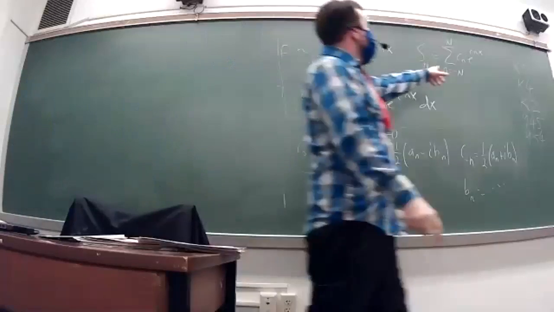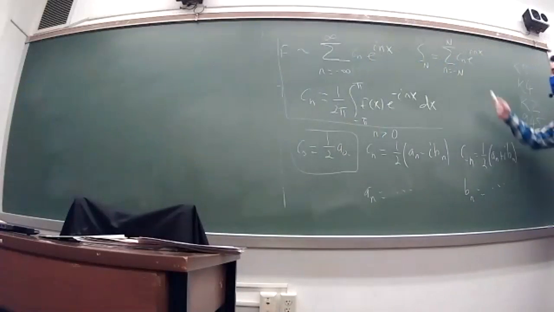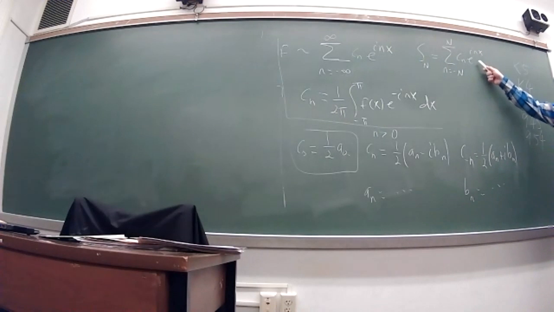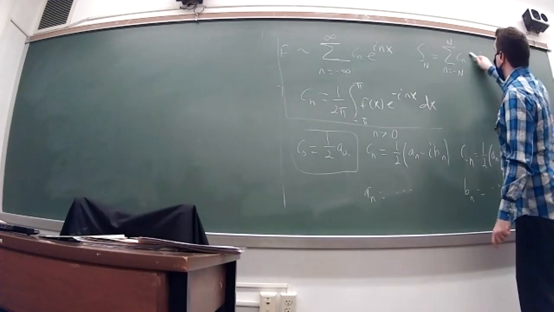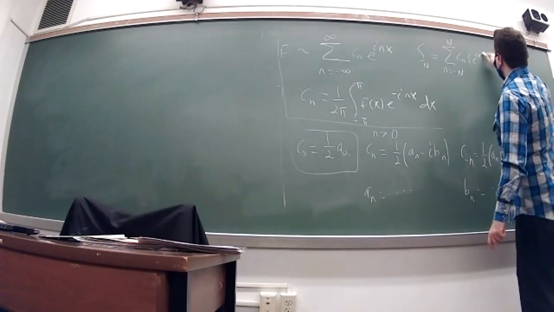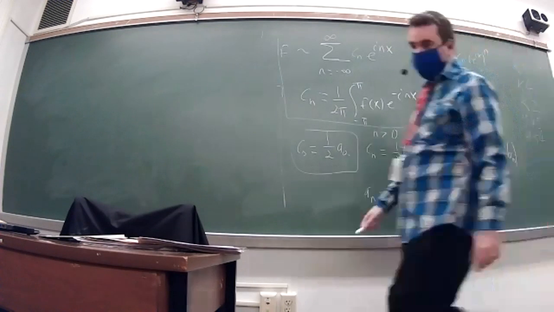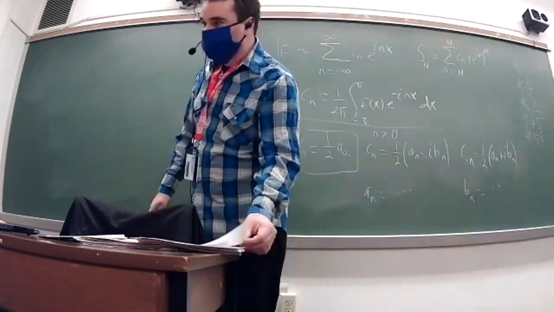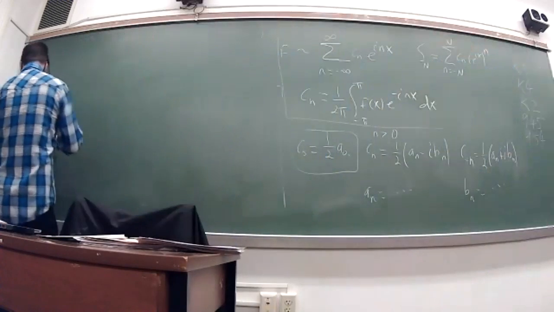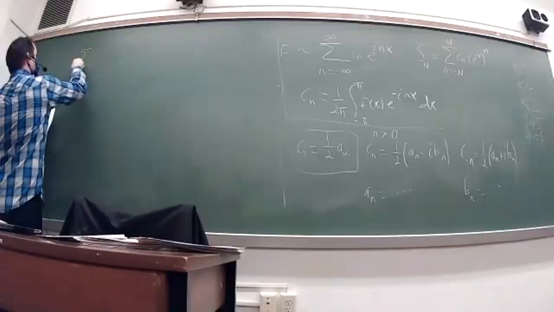But here I can have a hope of finding a closed form expression of this partial sum because this is a geometric series, right? e to the i n x is equal to e to the i x to the nth power. So I have some hope of using the formula for the sum of a geometric series to get a closed form expression. I'll remind you the formula for the sum of a geometric series.